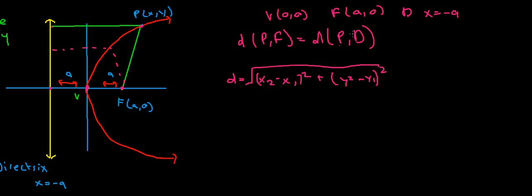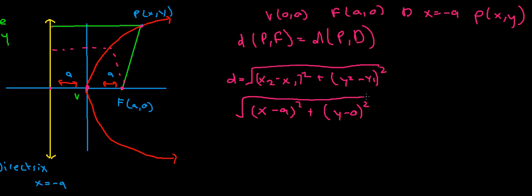I forgot to put my ambiguous point, (x, y). So the distance between the point and the focus is the square root of (x minus a) squared plus (y minus 0) squared. And this is equal to the distance from the point to the directrix.